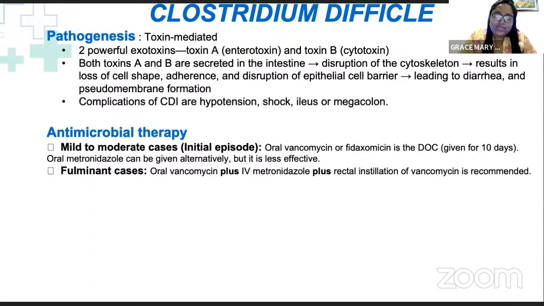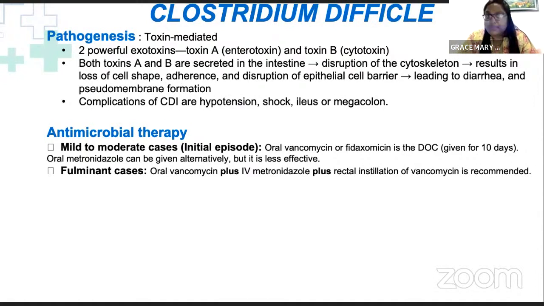You can mix it with 500 ml of normal saline and have it rectally instilled every 6 hourly, something that you can do if the patient is really bad. Even if you don't have capsules for oral vancomycin, you can use the IV preparation orally. Not IV, orally you can drink this, or if a patient is comatose or unable to swallow, again through RT you can give it orally.